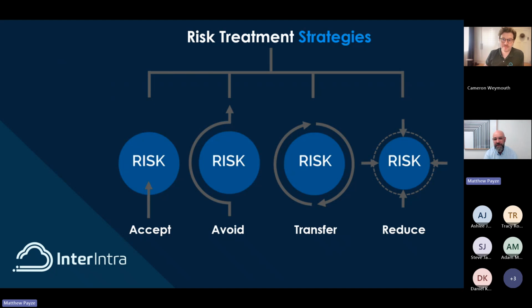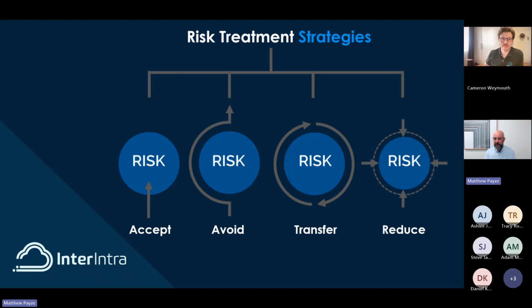I'm going to use 2 words for each, because depending on the framework, they use different terminology for the same thing. But the first one is accept or retain. So basically here we're acknowledging the risk, and we're willing to accept the potential impact. Now, this is typically used when a risk is low or within our risk tolerance or our risk acceptance. And that is usually defined in our scope, and it's usually defined by leadership.